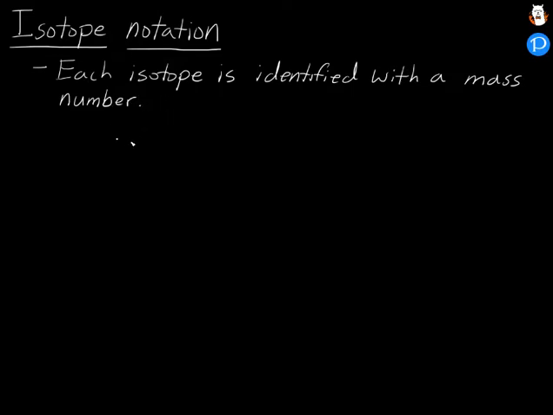If we're expected to write down an isotope, the way we identify a different isotope from another one is with the mass number. Even though there are different ways that we can write isotopes, each way has to include the mass of that isotope, because that's what identifies it.